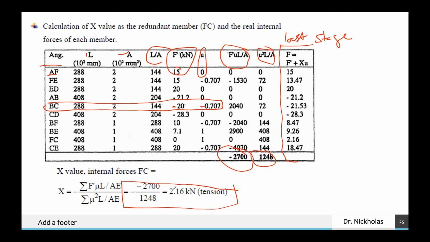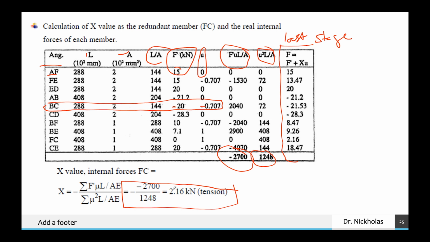This means that our assumption that this member experiences compression is correct. The sign here is positive.